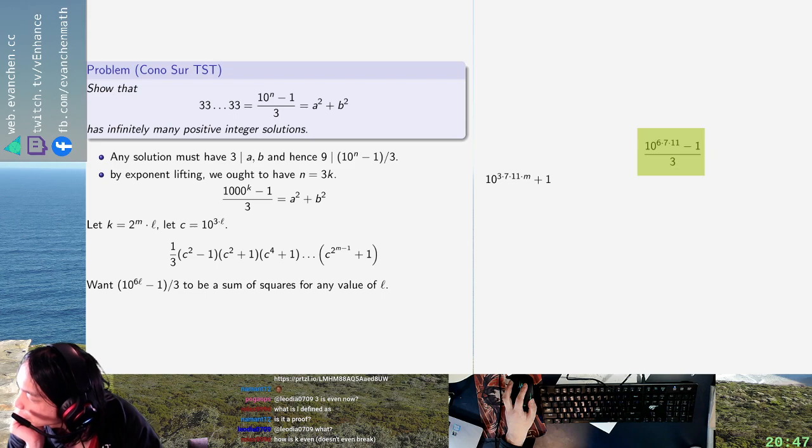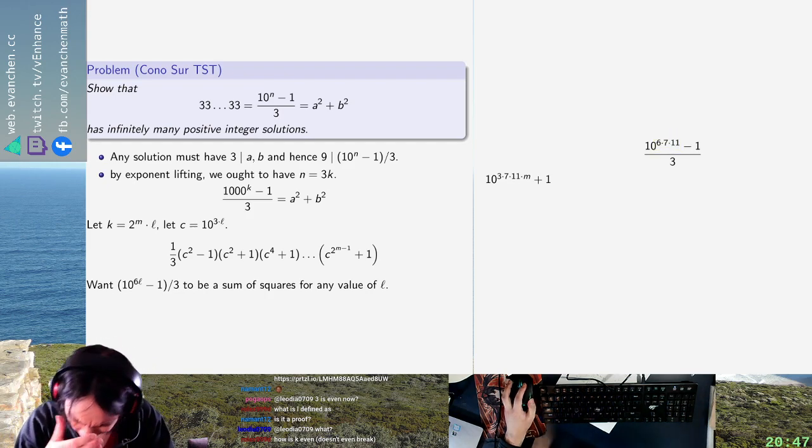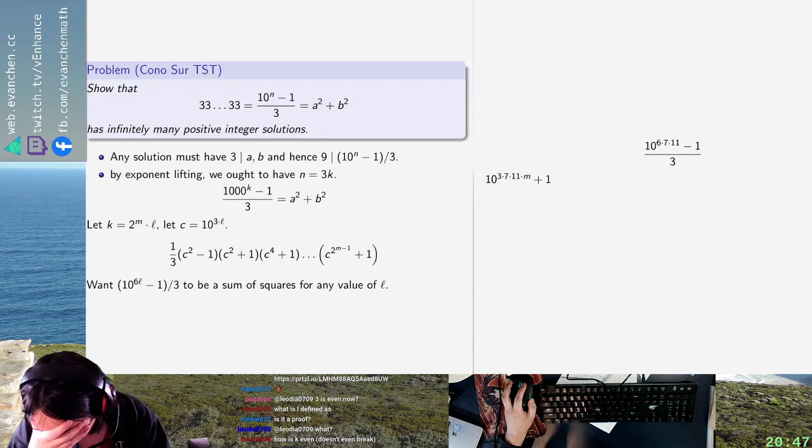No, it's still possible there are even solutions, but it feels unlikely to me. Okay, I see. Because you have 2 primes that are... No, it doesn't make any sense. What the heck? You get new primes that haven't been seen before at that level.